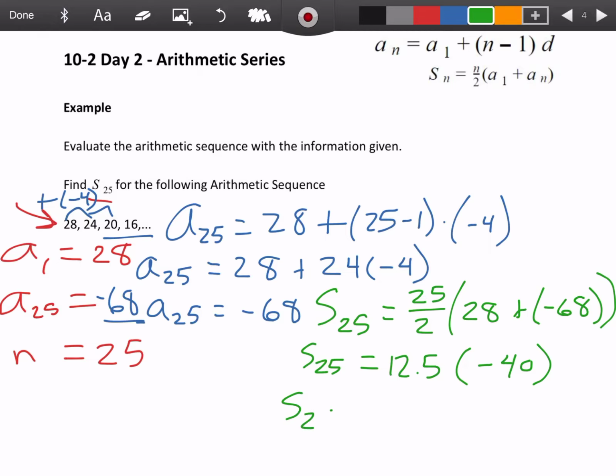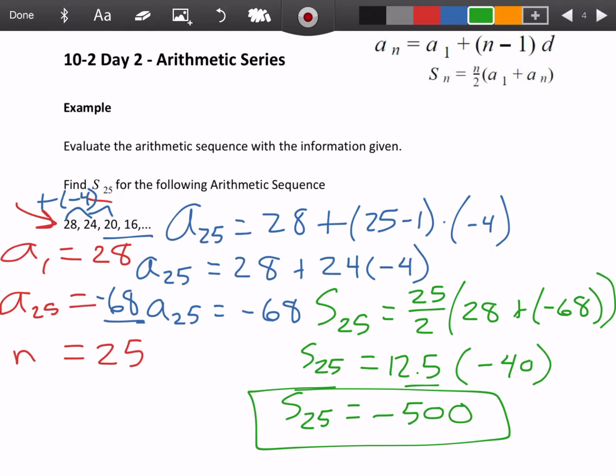And when you multiply that, your sum ends up being a -500. So I know it seems a little crazy that we're getting decimals when we're actually using whole numbers, but using the formula, obviously you would get a whole number of negative 500 as your complete sum.